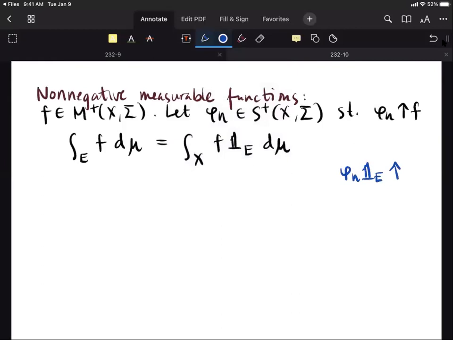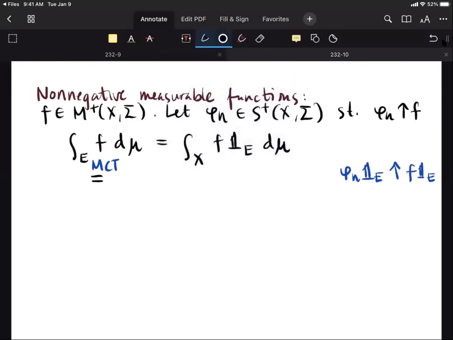So this is f times the indicator function of E, and phi n times the indicator of E increases to it, so we apply the MCT, the monotone convergence theorem.